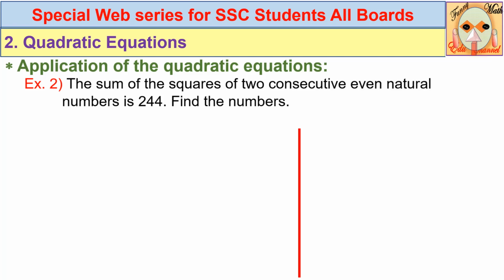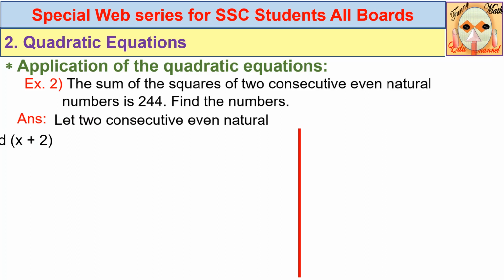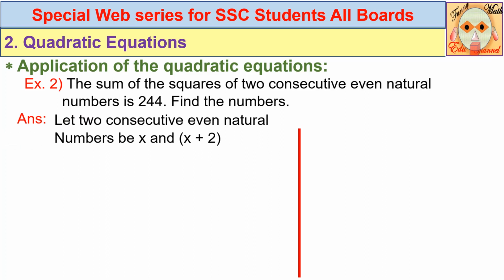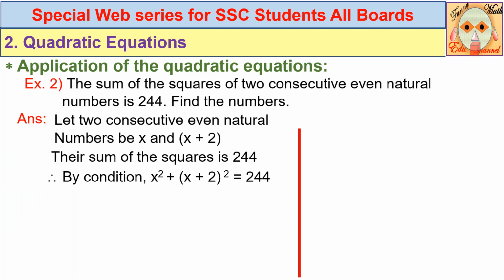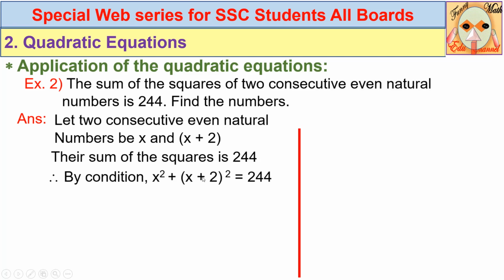And so let us first assume the two consecutive even natural numbers as x and x plus 2. By the condition their sum of squares is 244, and so we have here the equation: square of first term x square, second term x plus 2 bracket square, the sum that is addition is equal to 244.